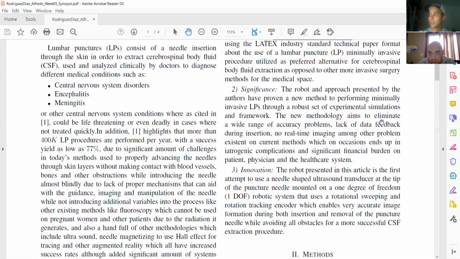Also, they highlight the need of real-time data during the insertion period, which is something that they don't have today. So they will be able to alter the insertion path so that again you don't hit or damage any blood vessels or hit any bones, etc. That can make the process take longer or more harmful to the person.